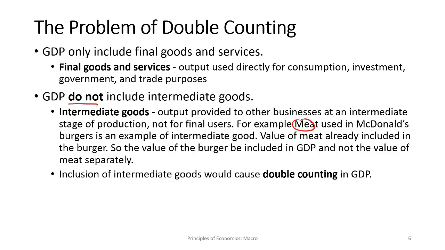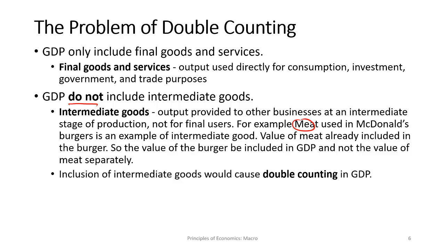Because if you include the value of meat separately while accounting for the value of the burger, you are double counting the value of meat. The same is true, for example, if you are buying a brand new car, and all cars come with brand new tires. You should not include the value of those tires separately, because the value of the tires is already included in the value of the car.